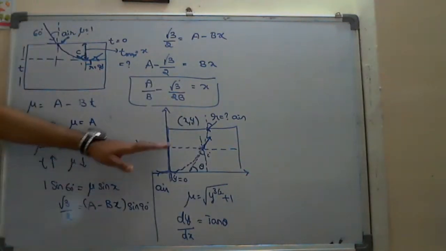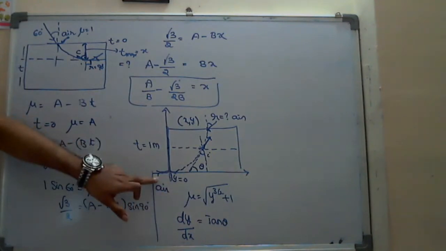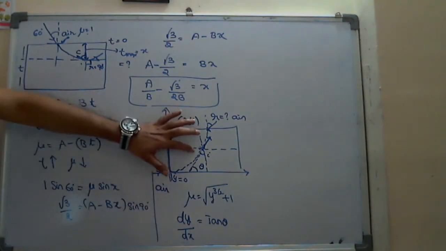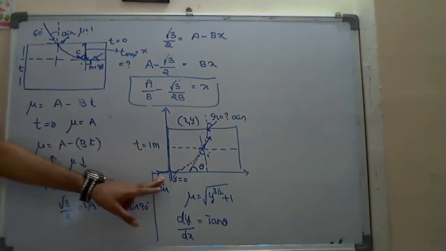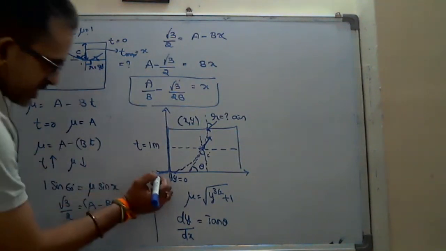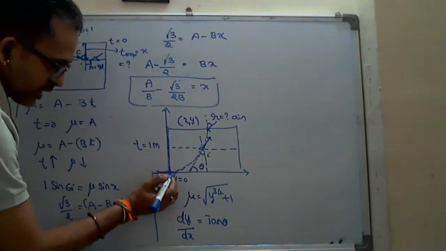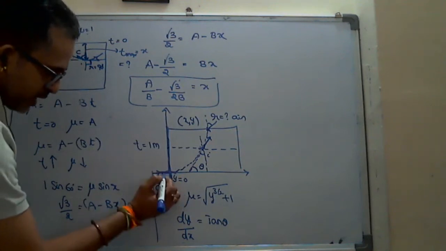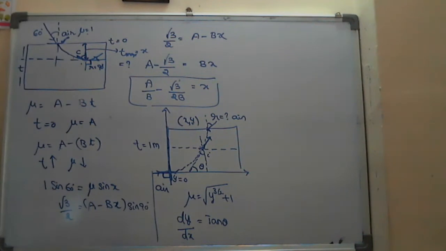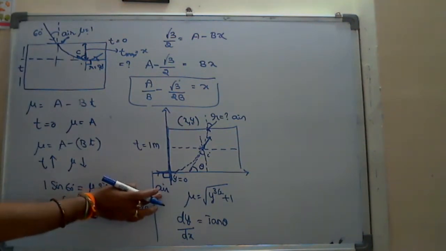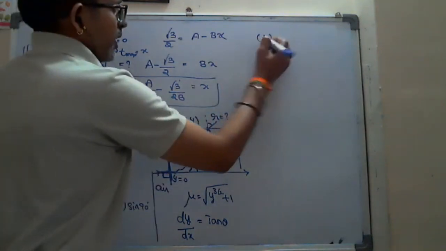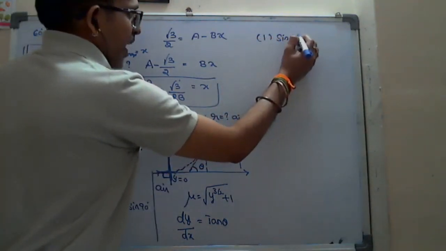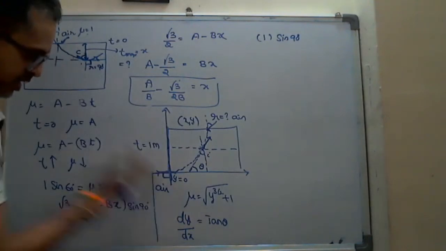Below this line it is air. If you know the refractive index, then you can use Snell's law there. Here it is air, and the light is grazing while entering the glass slab. Grazing means with the normal it is making an angle of 90 degrees. So if I apply Snell's law, mu1 sine I, where mu1 for air is 1, into sine 90 degrees, is the angle of incidence with the normal.